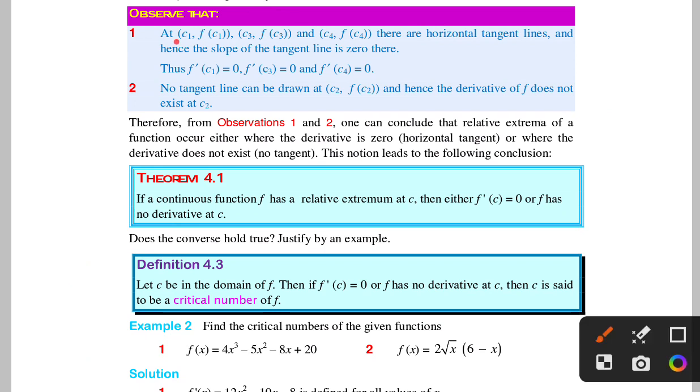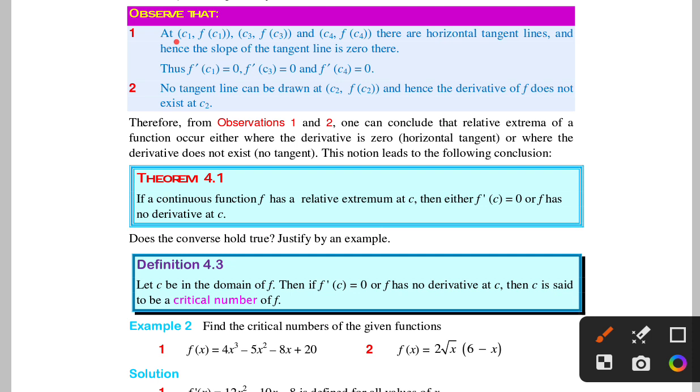At C1, f of C1 and C3, f of C3 and C4, f of C4, there are horizontal tangent lines, and hence the slope of the tangent line is 0.